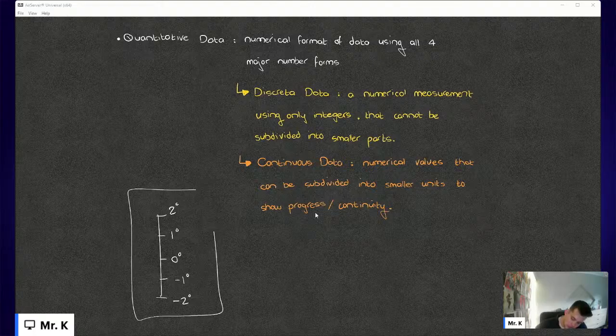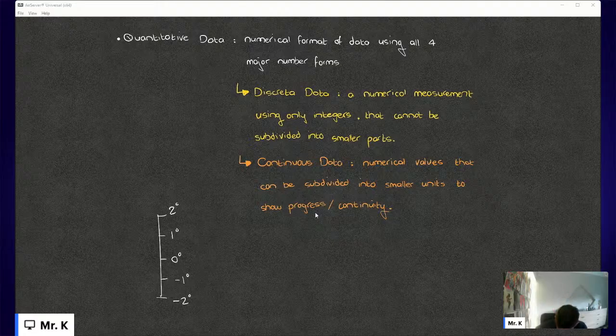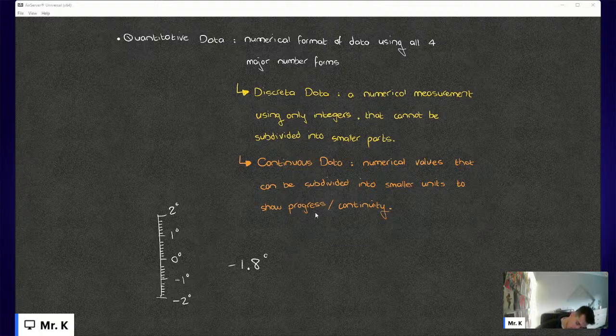This could be an example of discrete data, right? But the reason why it's not is because we can subdivide each of these sections into smaller pieces. So is it possible for it to be -1.8 degrees Celsius outside? Yes, it is.